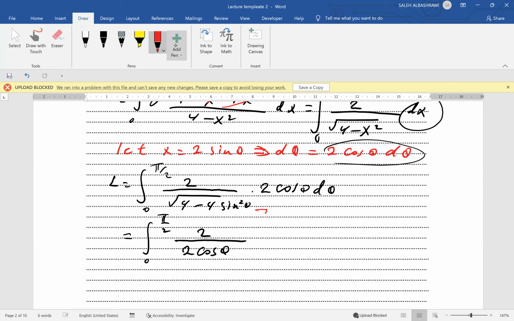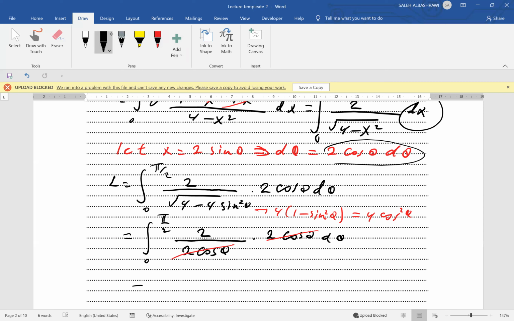This is 4 times 1 minus sine squared, which is equal to cosine squared. So it is 2 cosine theta multiplied by cosine theta d theta, and you can see the cosine theta will cancel, so the remaining is 2.